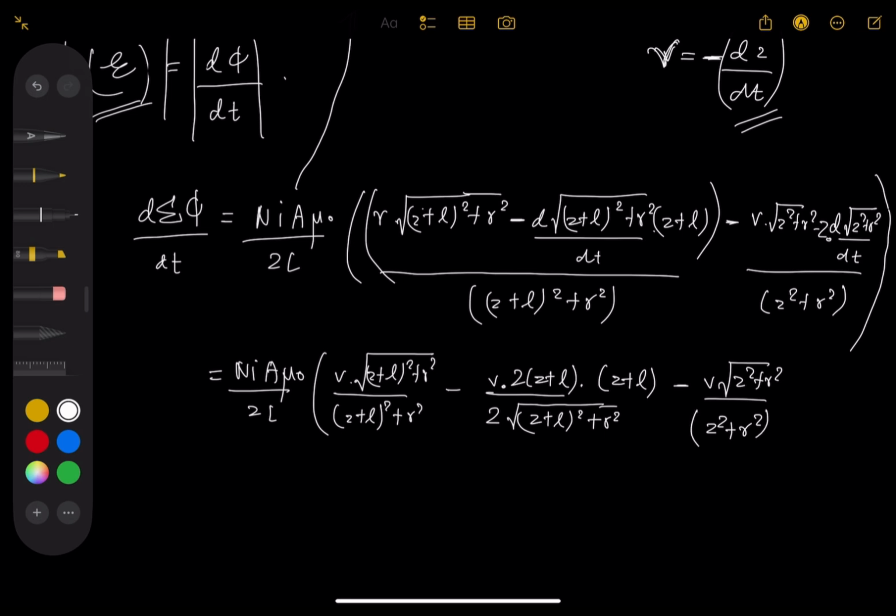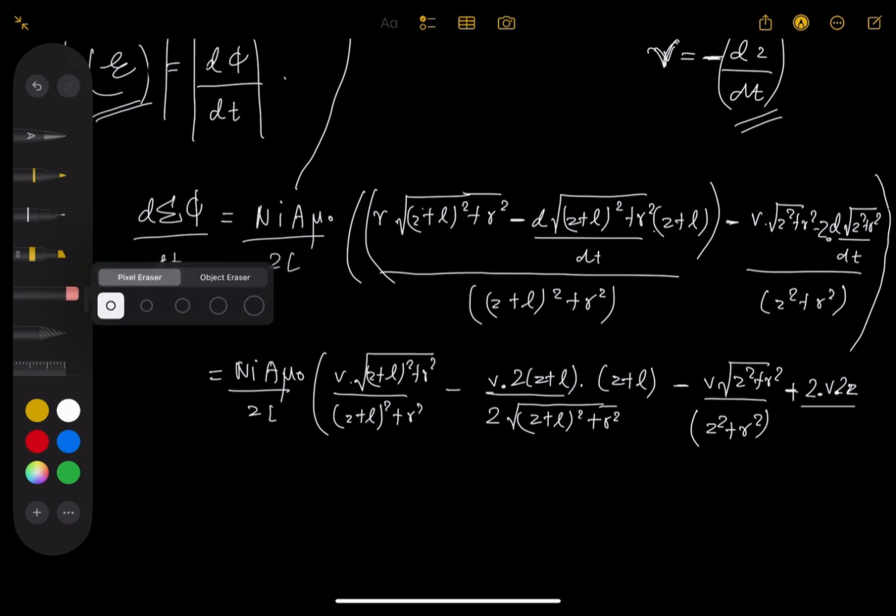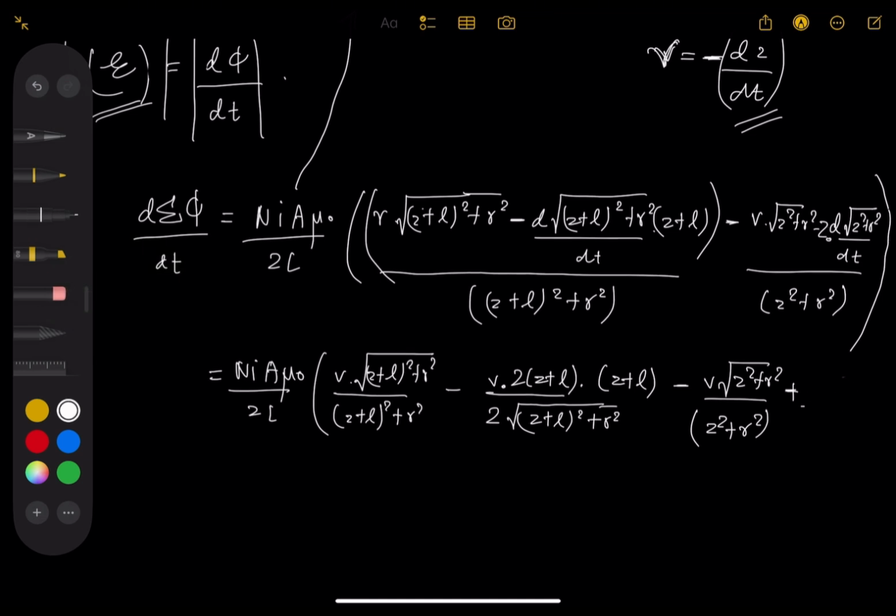And then plus z times the derivative of the first function times the derivative of the second function, and we divide everything by z squared plus r squared.